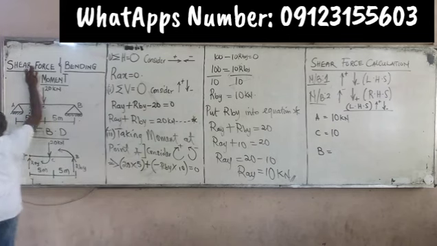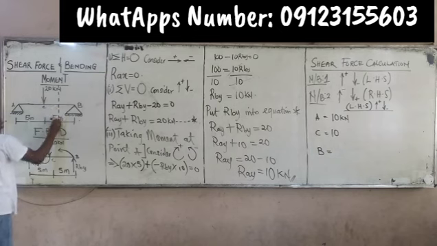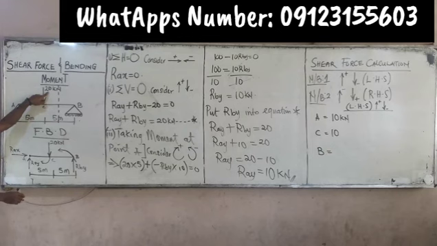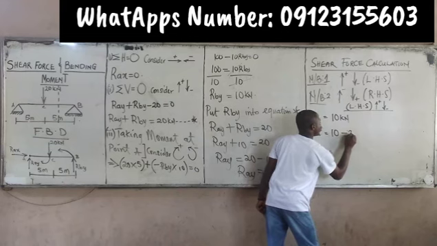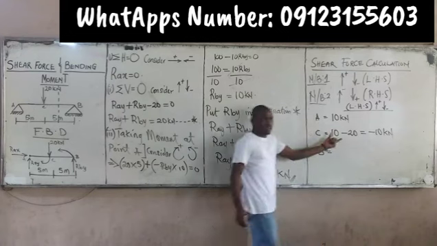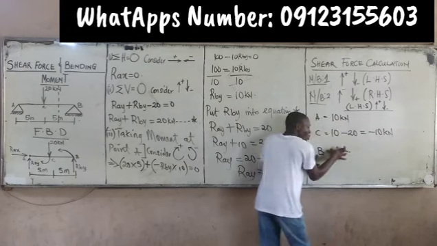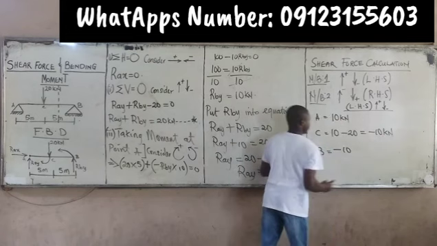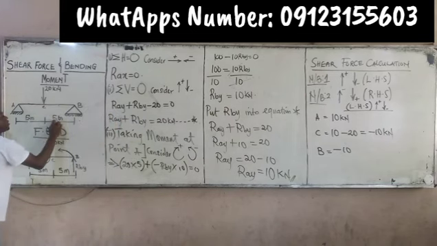If I proceed to section C, section C has a force coming downward, which is 20. A force coming downward is negative, so minus 20 here, which gives minus 10 kilonewton. Note this place, please. So for C, what will I put down first? The answer here will come down here first: minus 10.